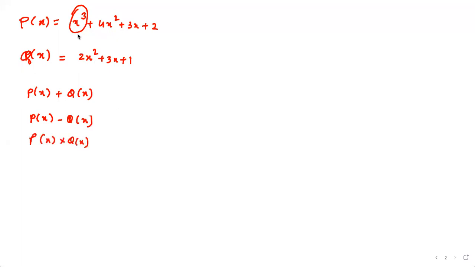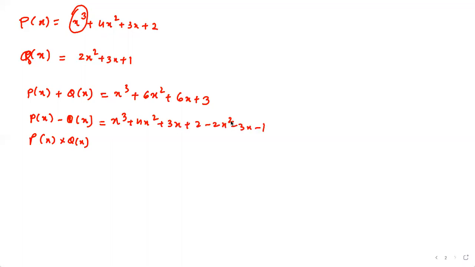Now p of x plus q of x, obviously you add the like terms, so the answer will become x cubed plus 6x squared plus 6x plus 3. That's your sum. And if you subtract the 2 polynomials, it's going to be x cubed plus 4x squared plus 3x plus 2 minus 2x squared minus 3x minus 1.